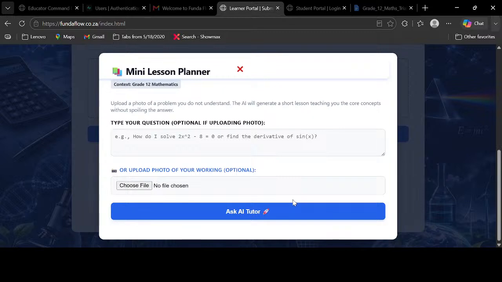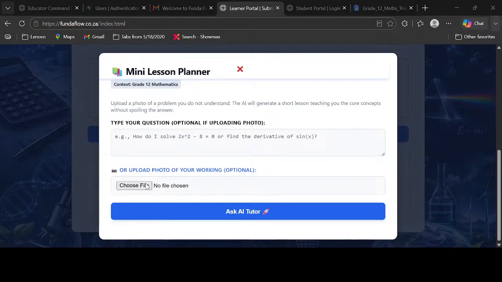You can also upload an image. So just take any question that we're doing today and upload it. It's not going to solve it, it's simply going to give you the lesson step by step. This one is going to be detailed because it's going to give you an example, then an activity. But it's not going to solve that one for you. Instead of just being told this is how they do the question, this one is going to be a thorough lesson.